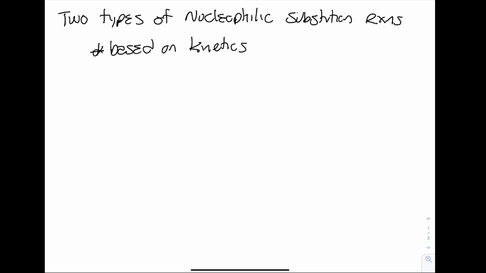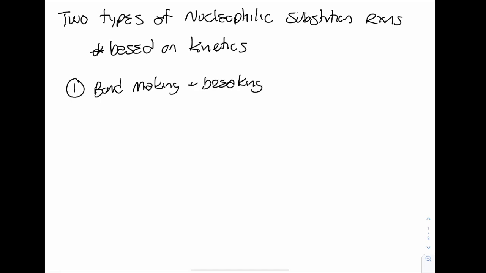So our first one, our bond making and breaking is going to occur at the same time. So this is going to be concerted. As we break our sigma bond between the carbon and that halogen, we're going to make our new sigma bond between the nucleophile and that carbon. So our bond making and breaking occurs at the same time.